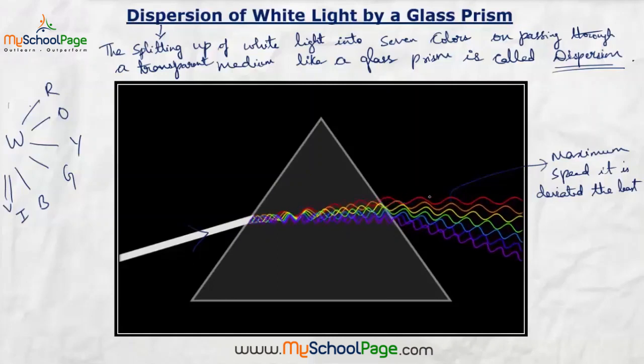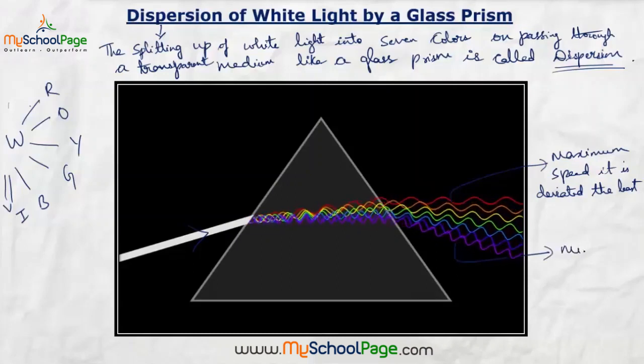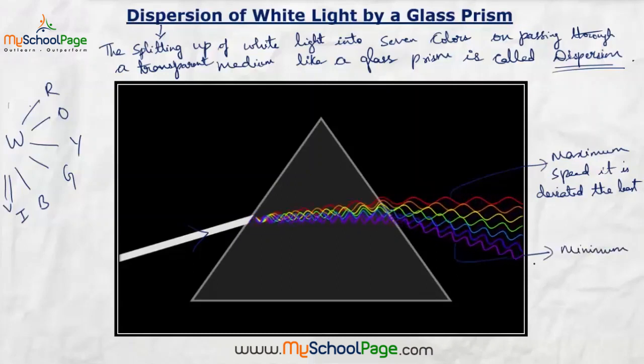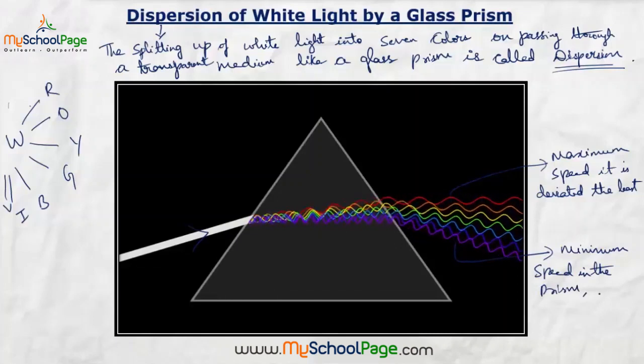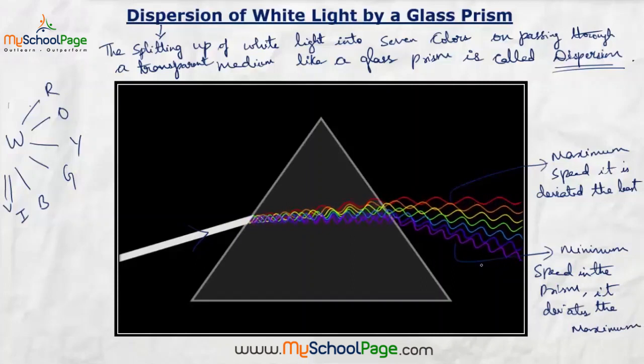Due to this, the red color forms the upper part of the spectrum, and since the violet color has the minimum speed in the prism, it deviates the maximum. Due to this, the violet color appears at the bottom of the spectrum.